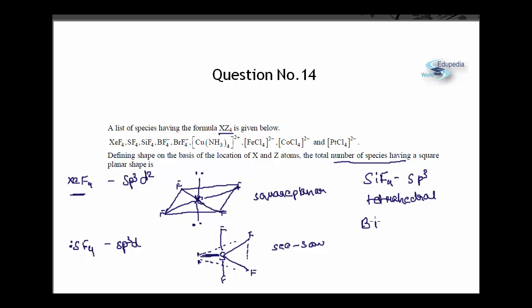BF4 minus will again be quite similar to SiF4. It will again be sp3 because there will be 4 electrons for boron and each of them will be bonded to 4 of the fluorine atoms. So this again would be a tetrahedral structure.